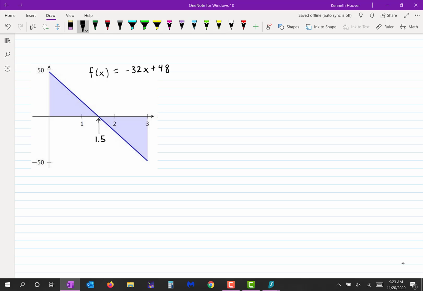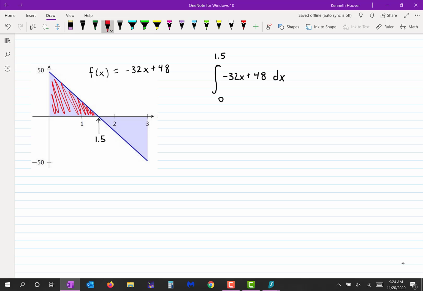Okay, now, what if I said, this is the proper words we would use. Integrate negative 32x plus 48 with respect to x from, let's go from 0 to 1.5. Okay, then that is simply asking us for the area right here.